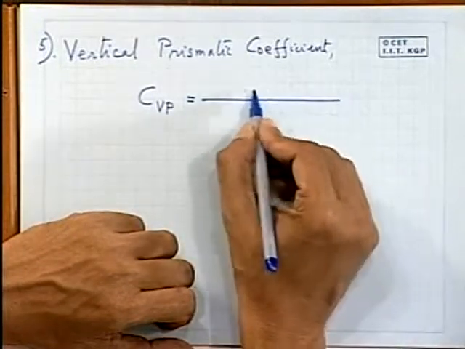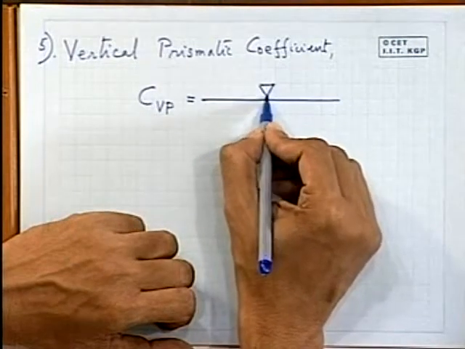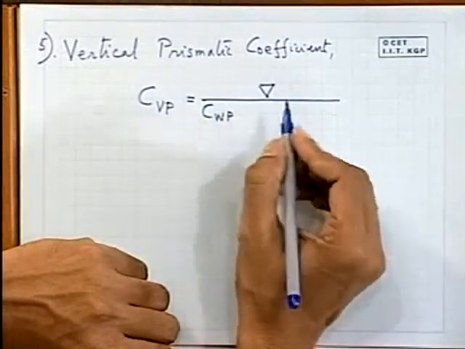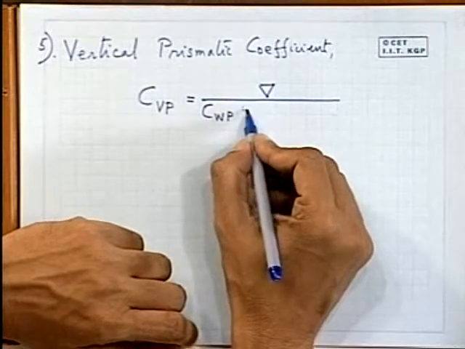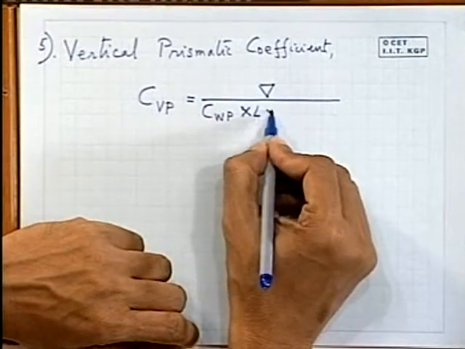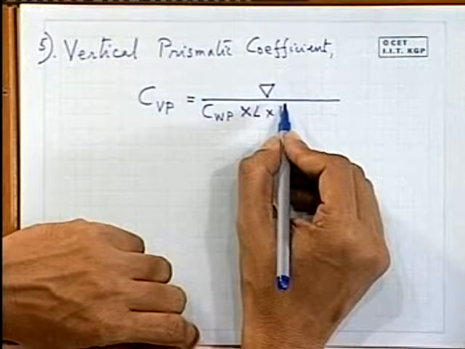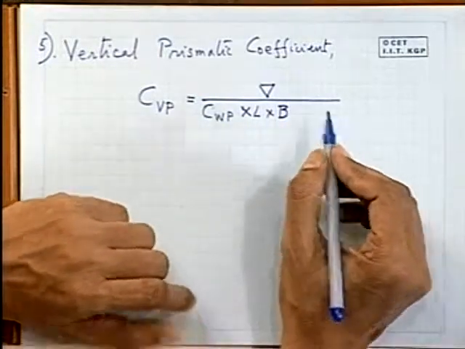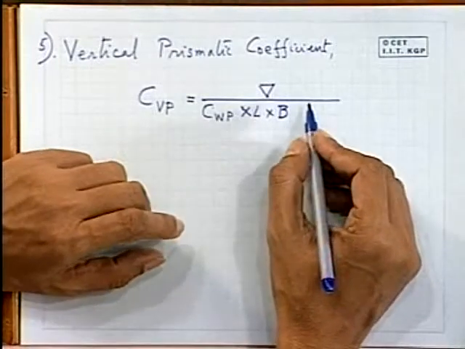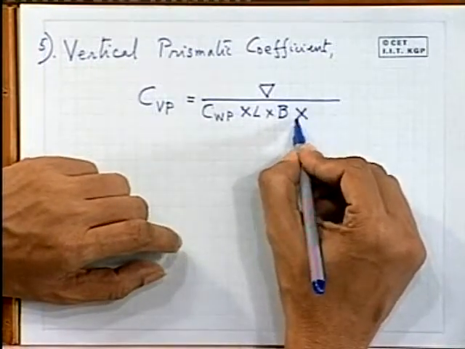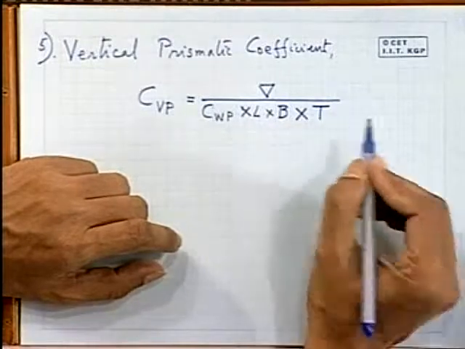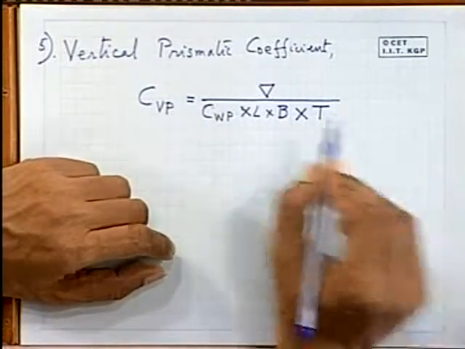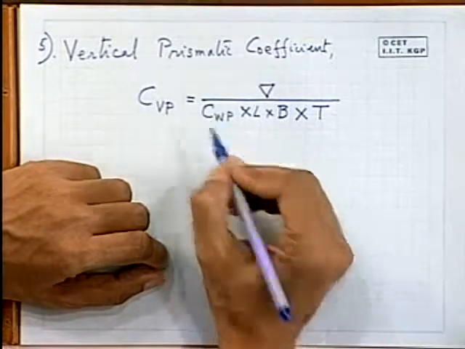The same displaced volume, you divide it by the water plane area, that is the water plane area coefficient multiplied by length into breadth, and the prism will have a depth, that is the draft of the ship. So this is your vertical prismatic coefficient.